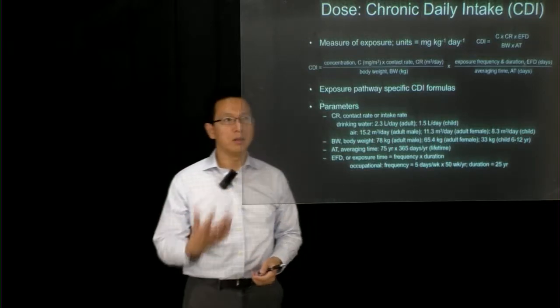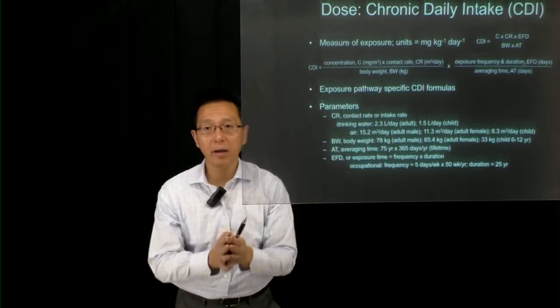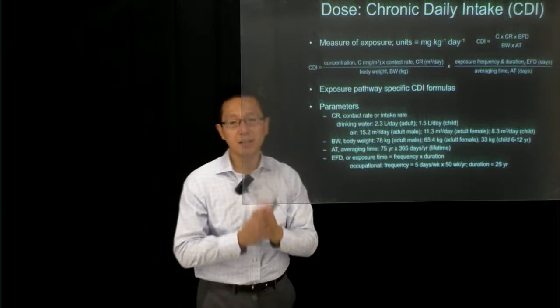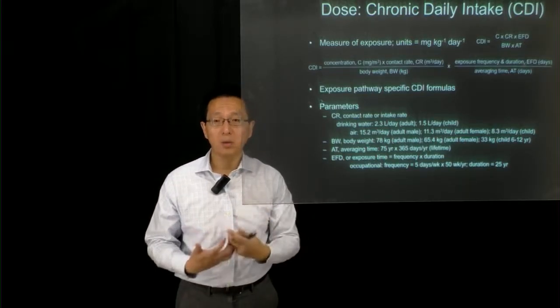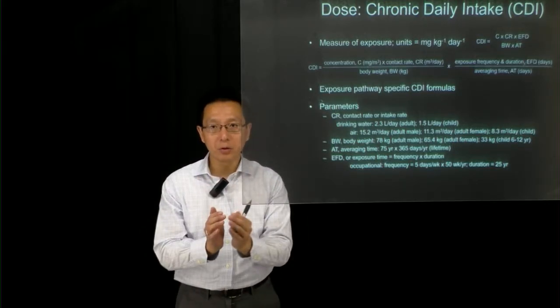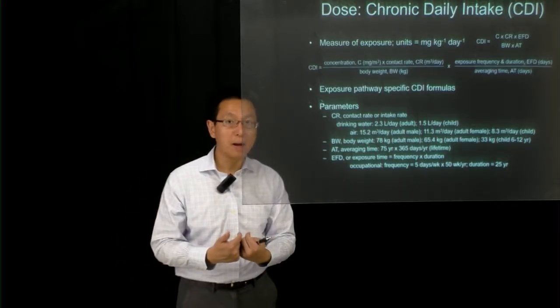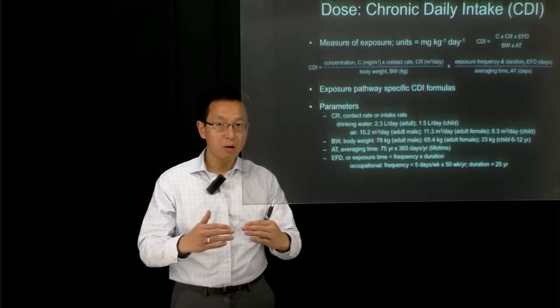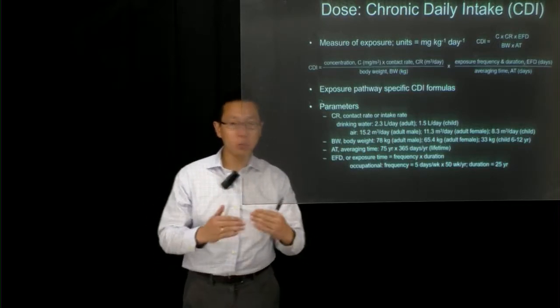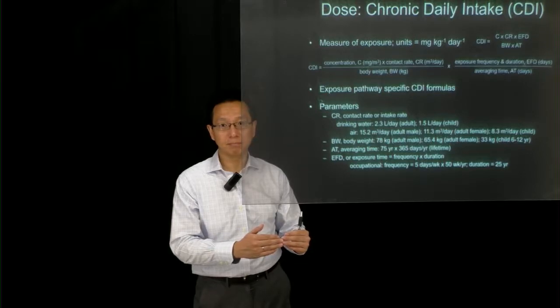Just ignore this equation at the moment. Essentially, what the chronic daily intake is trying to calculate is how much chemical gets inside your body, per amount of your body weight, and per certain time.